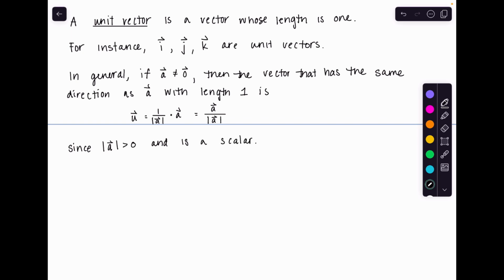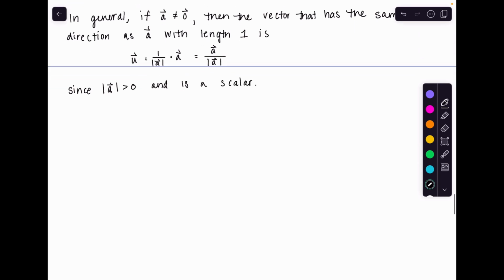Okay? So to give you an example of this, let's find the unit vector in the same direction as V, which has the components -4, 2, 4.